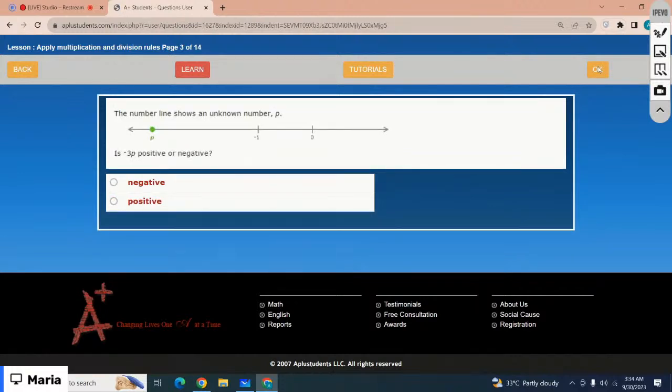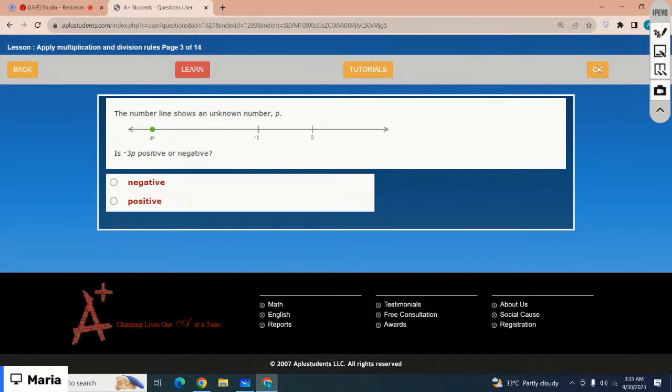Okay, the number line shows an unknown number p. Is negative 3p positive or negative? Just look at the p. P is already on the negative side, right? So p is a negative number. You're also multiplying by a negative 3.